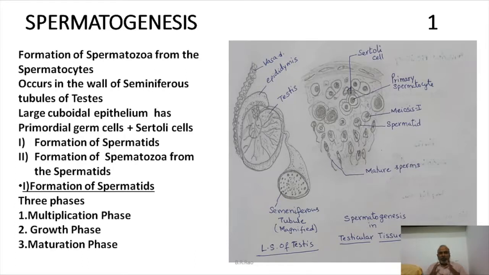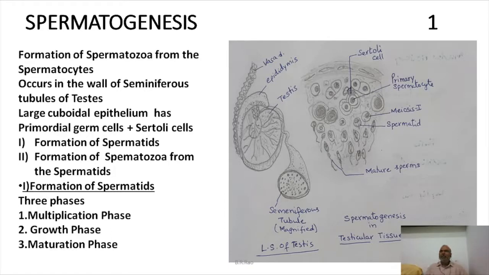So friends, spermatogenesis has 2 steps. One is formation of spermatids. The second is conversion of spermatids into spermatozoa, and this second process is called spermiogenesis. Let us study these 2 processes.